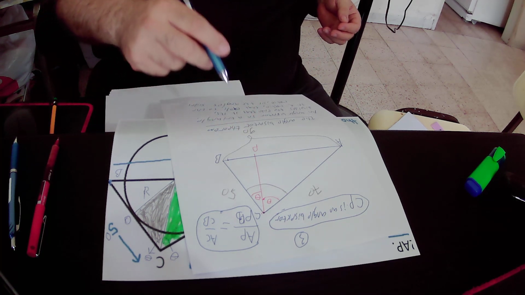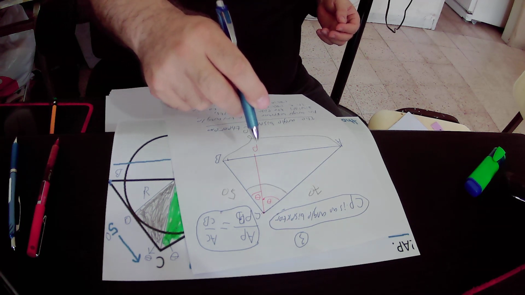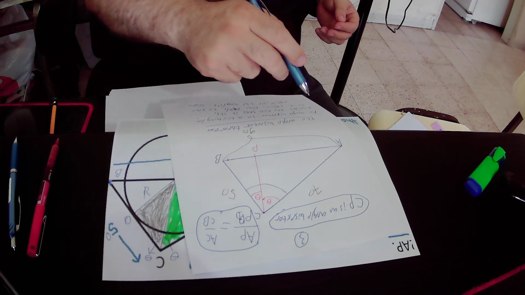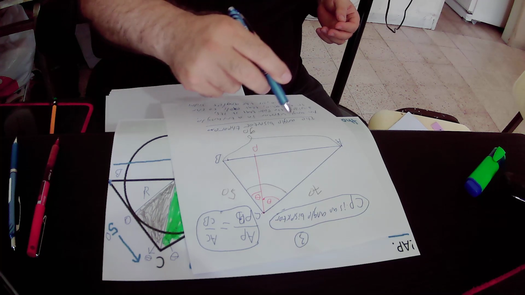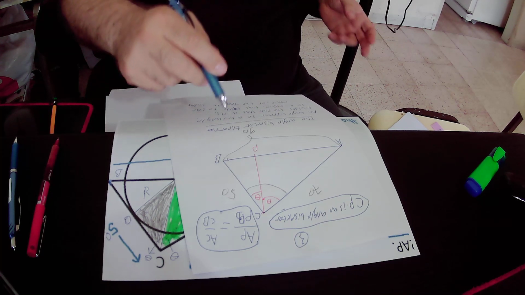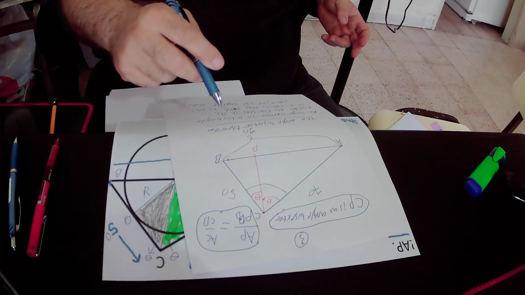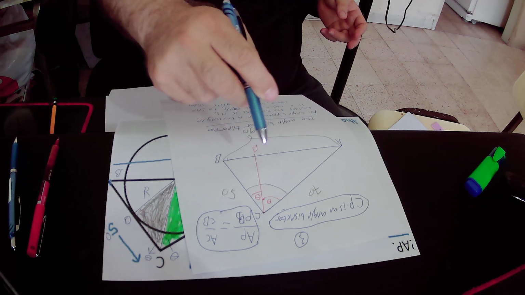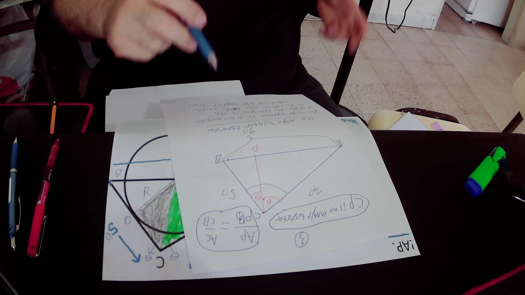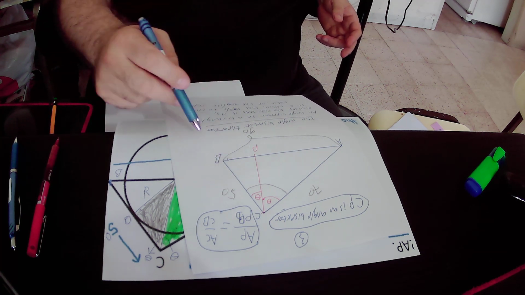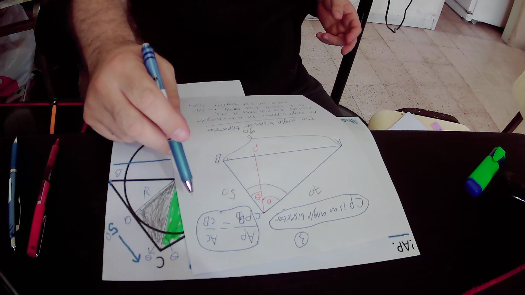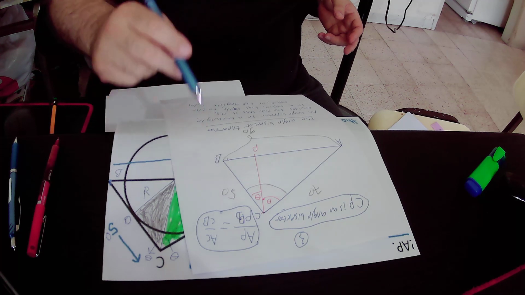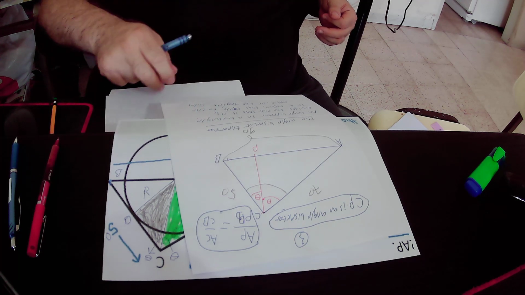Okay, so the ratio in which angle bisector CP divides side AB is AP over PB, and that ratio equals the ratio of the angle sides, that is to say, AC over CB, or AP over PB equals AC over CB. Okay?